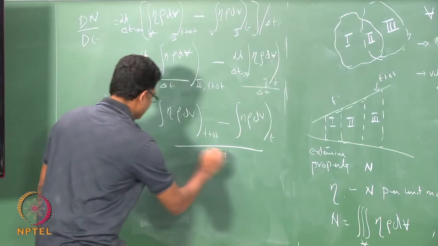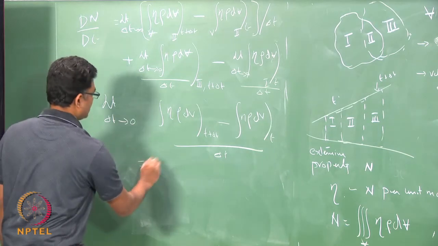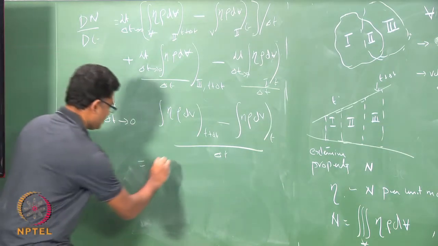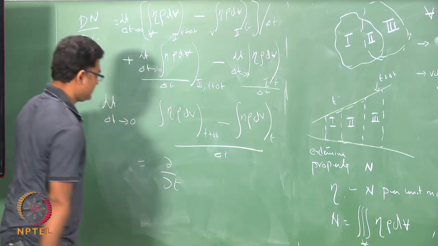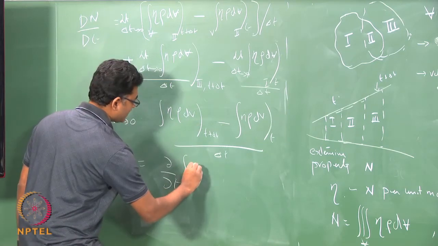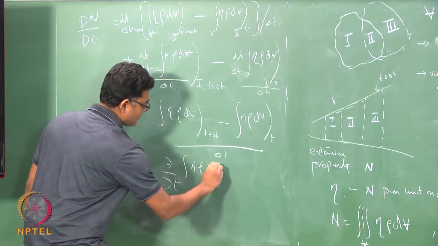This is the definition of the differential dou by dou t of this quantity, which is integral eta rho dV.